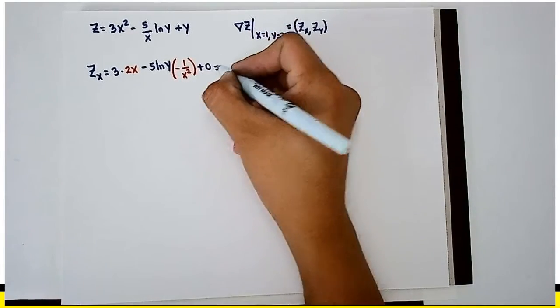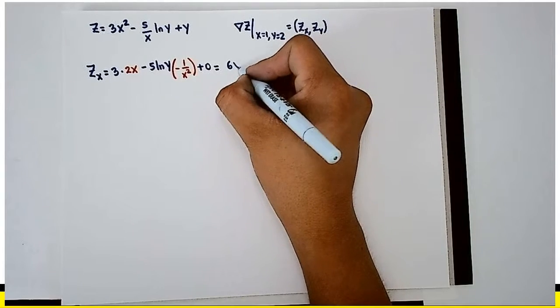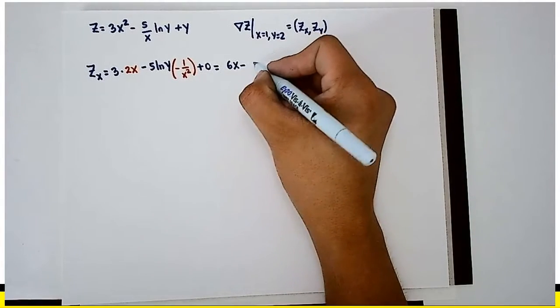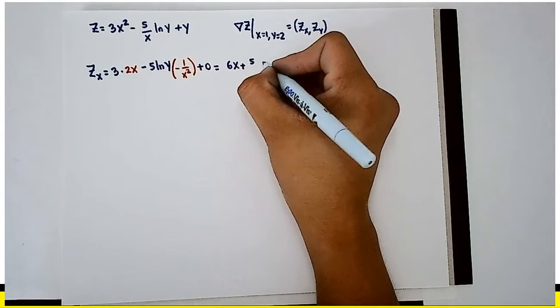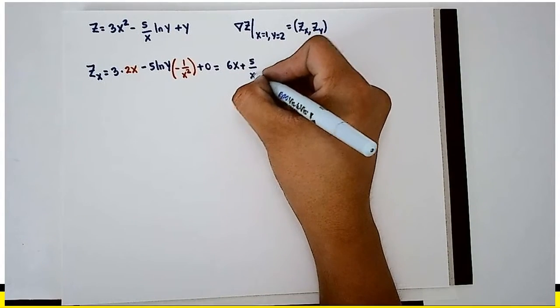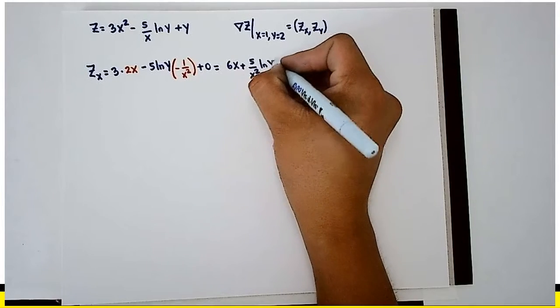So this is equal to 6x, minus times minus is plus, 5 over x squared log of y.